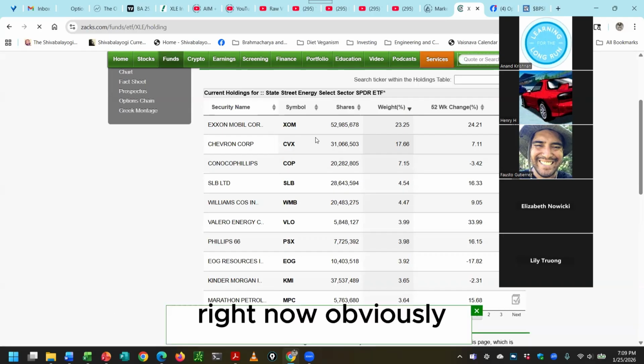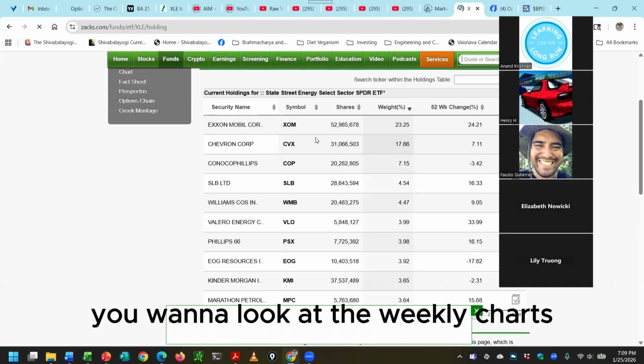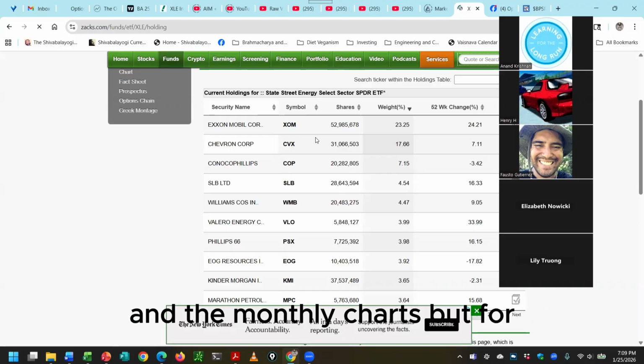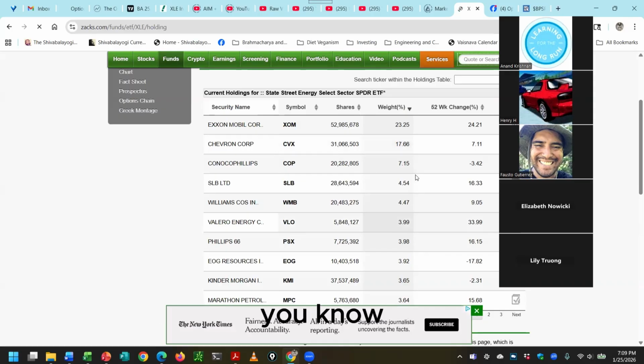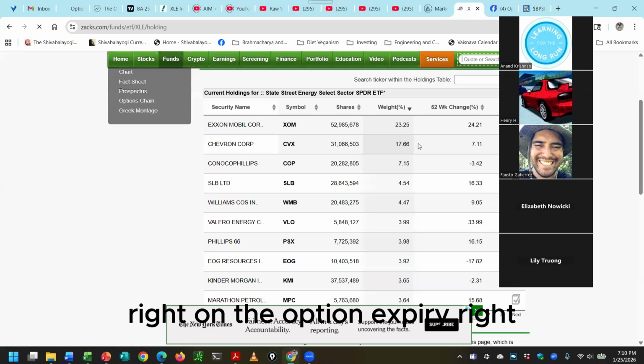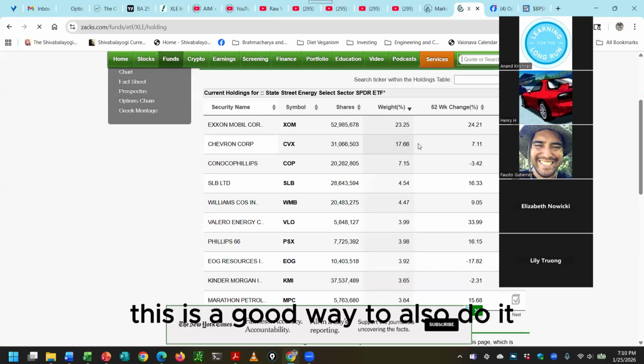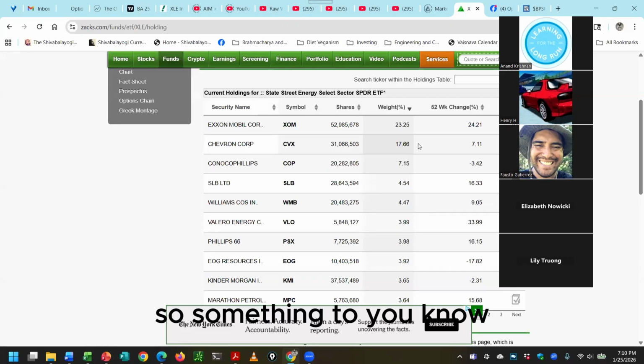Now, obviously, if you want to buy LEAPS, you want to look at the weekly and monthly charts. But for some really good, quick short-term trades that go out to about a month on the option expiry, this is a good way to do it. So, something to think about.